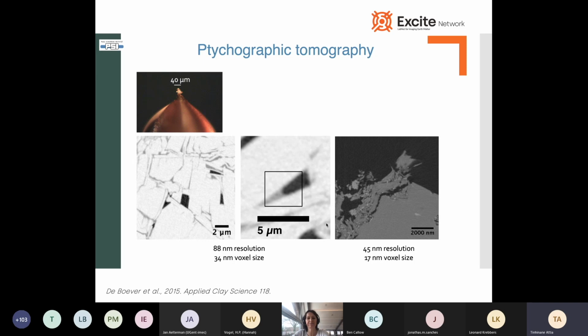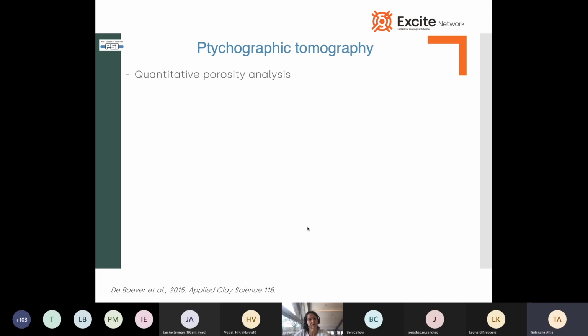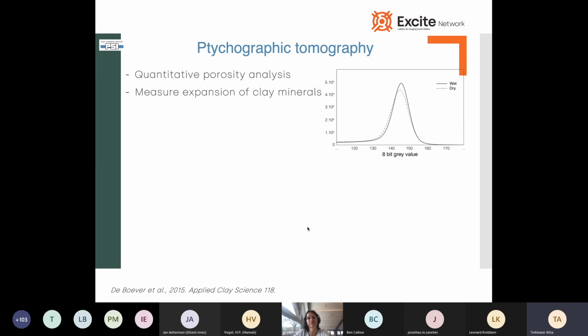And so you have this information in 3D of your tiny sample, but the benefit is that you can quantify, for instance, if you're working with clays, but you can also measure expansion of clay materials, because you can control relative humidity and temperature, or freeze your samples. You can do many things there.